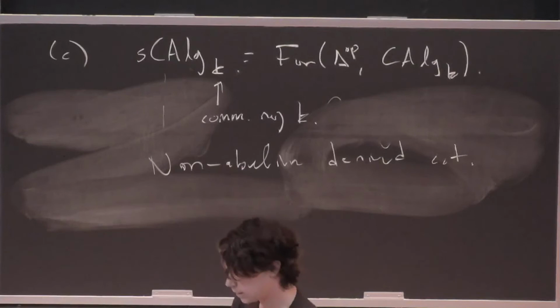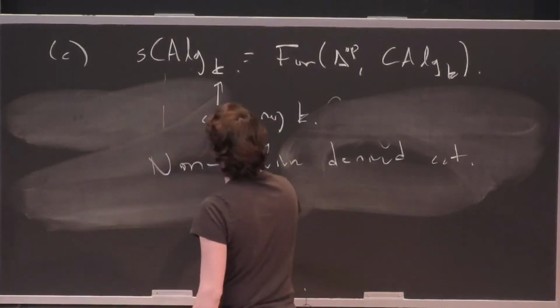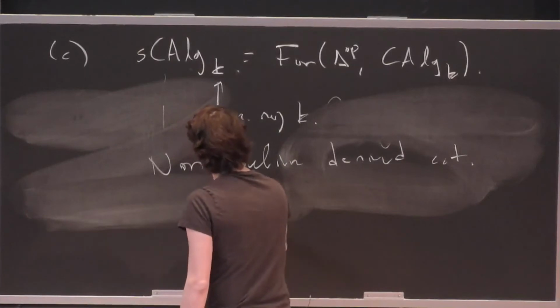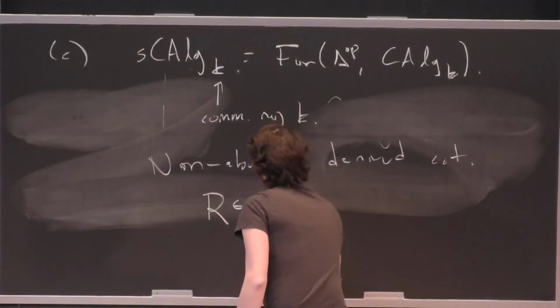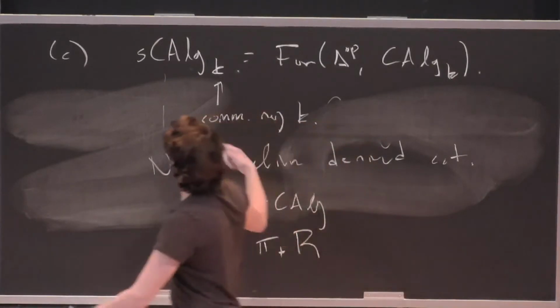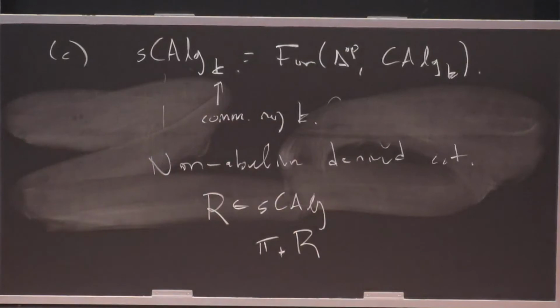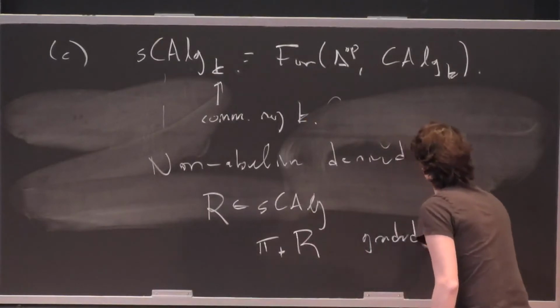Oh, right. So let me say just a general fact. If I have a simplicial commutative ring in here, then pi star of R, which is the same as the homology of the associated chain complex, is equipped with a graded commutative ring structure.